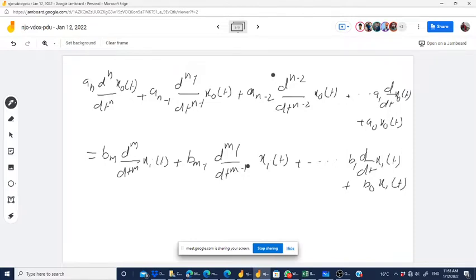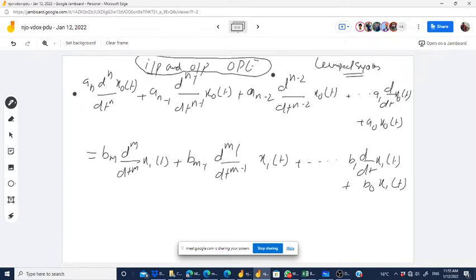So this is nothing but the relation between the input and output in the form of the ODE. Any dynamic system, if it is a lumped system, we can represent in this form. It is a generalized equation. Agree? Yes or no? Yes, sir.